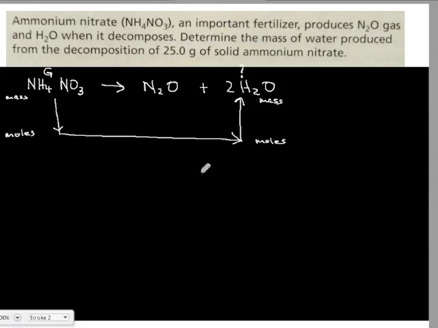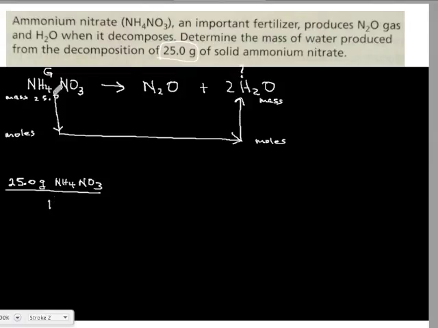Go back to the question. Find out what's given. We are given the mass of ammonium nitrate. So the 25.0 is over here. And we need to start out with 25.0 grams of ammonium nitrate.